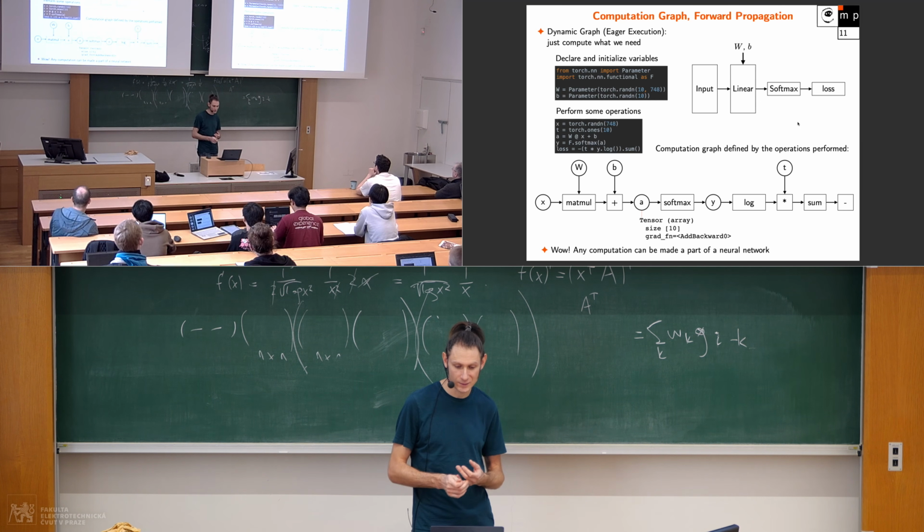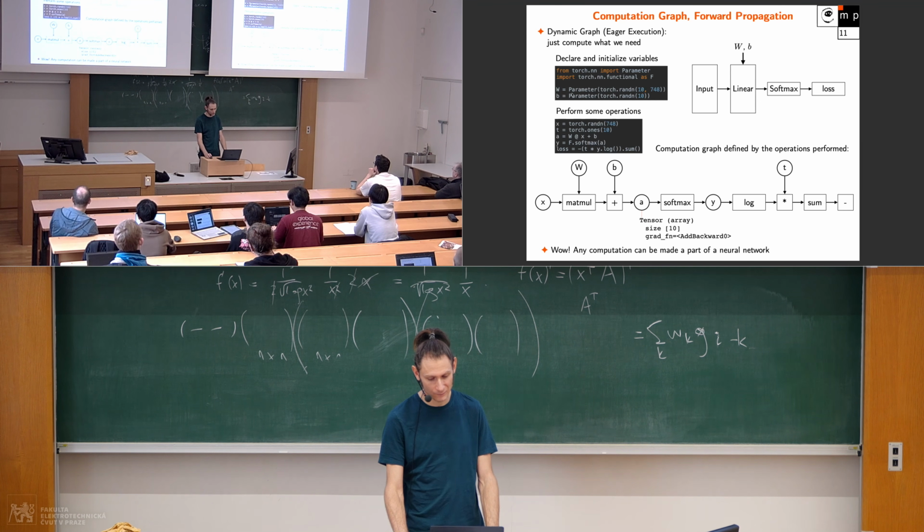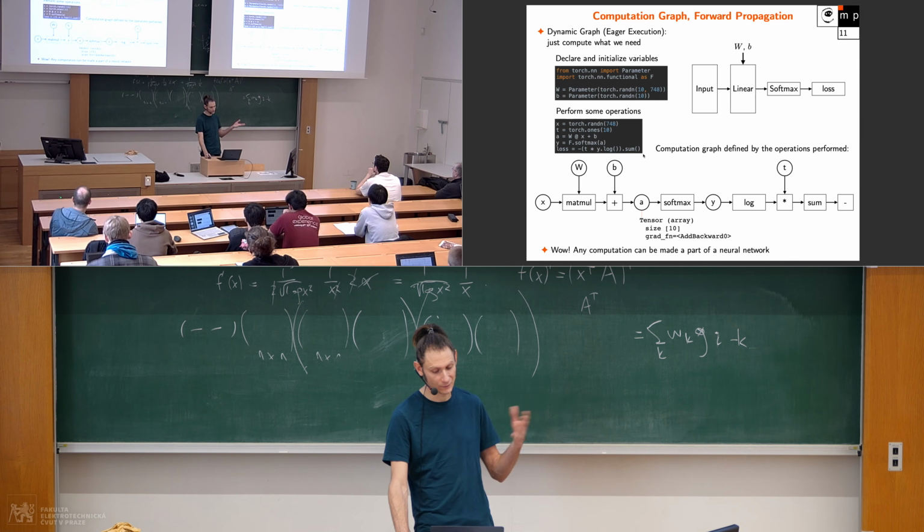Compute what you need. So how can we do this? We declare some parameters, so there are going to be some tensors of some shapes. Then we assume we have some input, for example, some random input of some shape. And then we just compute what we need. We take our input, do this matrix vector product, add the bias, then run some function on the result, and then compute the loss, also what we discussed.